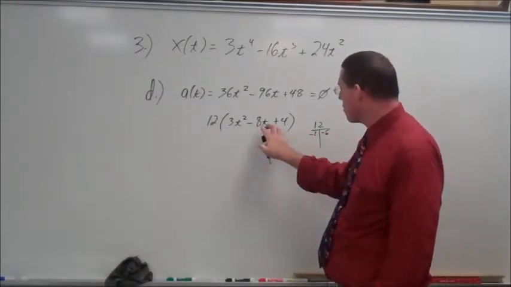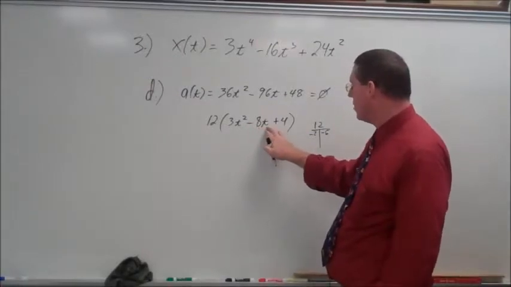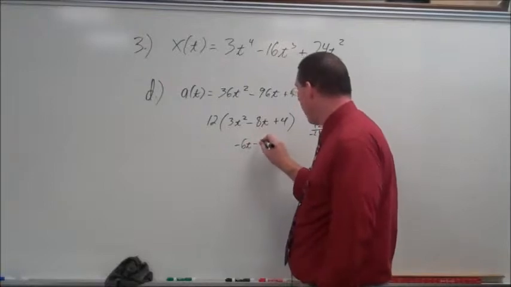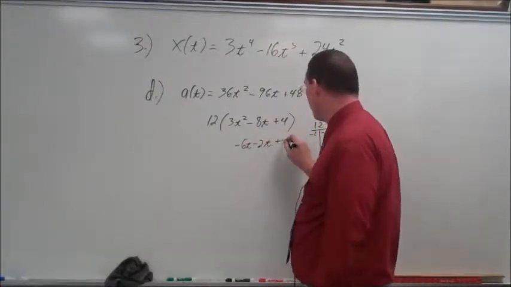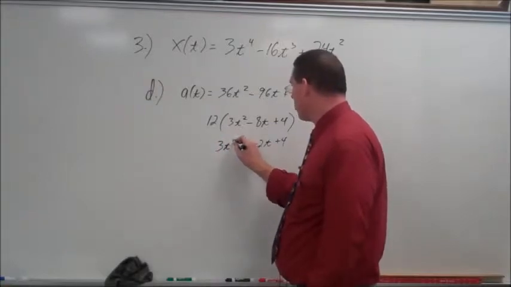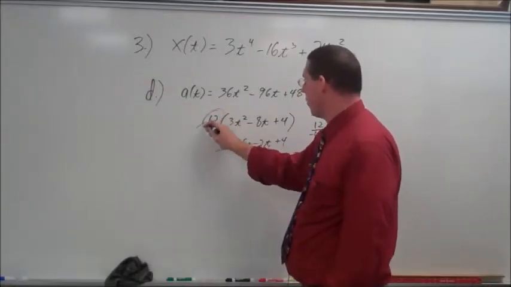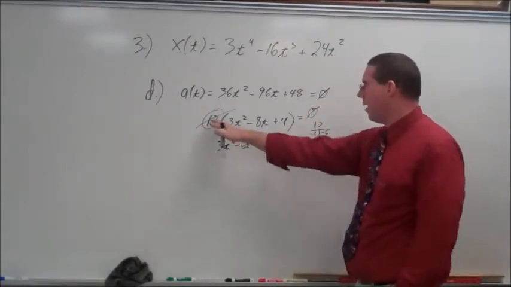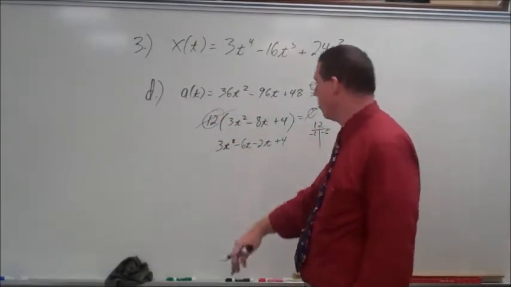And so now we're going to split this minus 8t into minus 6t minus 2t. We're going to leave the plus 4, and we're going to bring down the 3t squared. Now this 12 is irrelevant for now, because we just want to know where this equals 0, and that 12 is not going to make this equal 0, so we can ignore that for now.